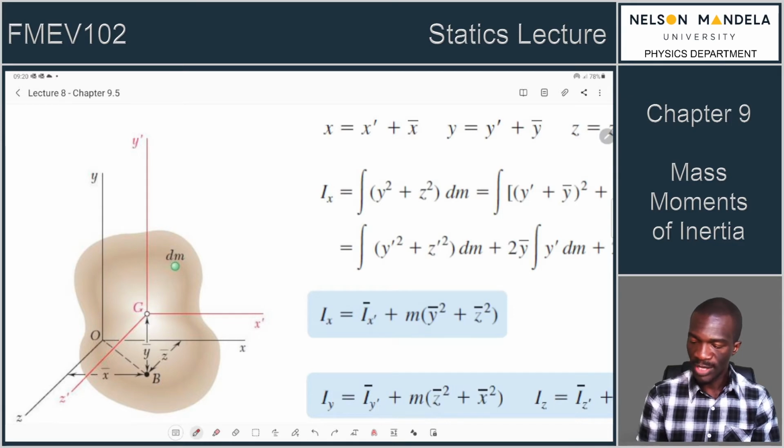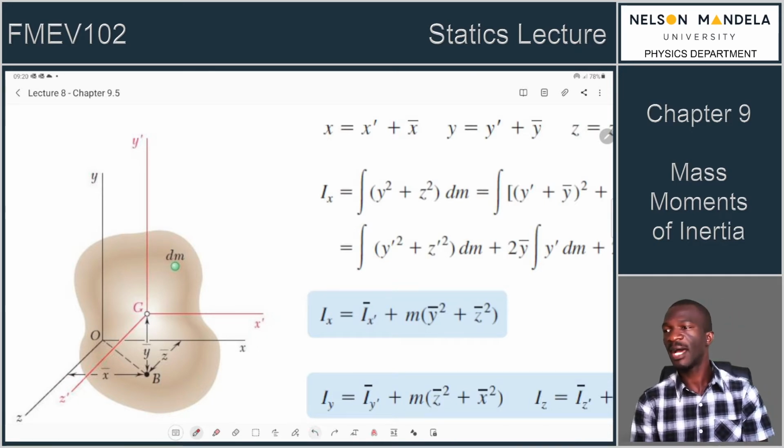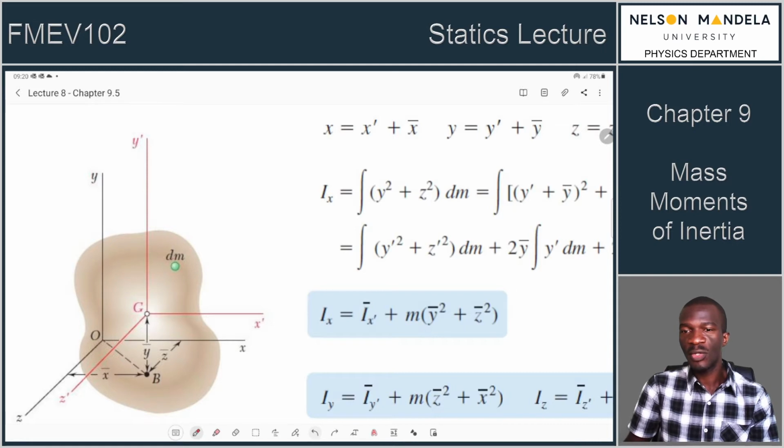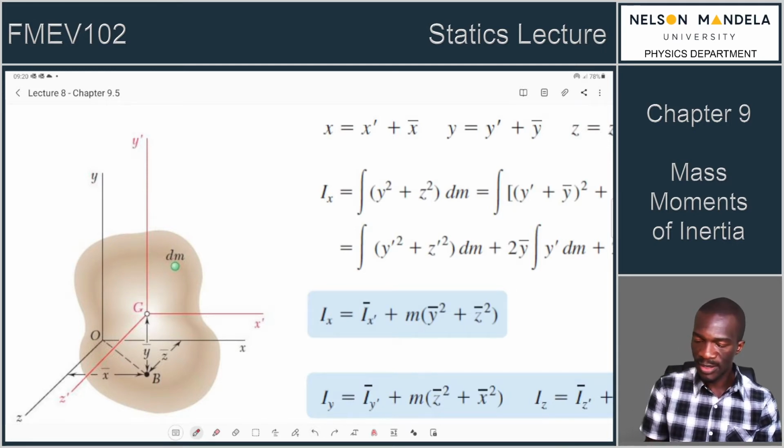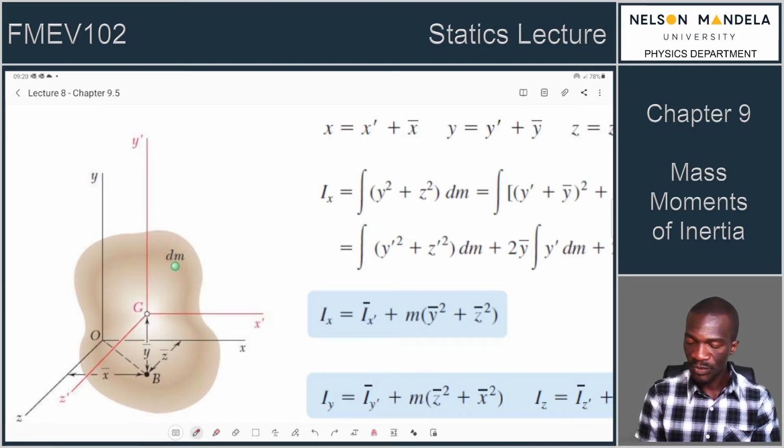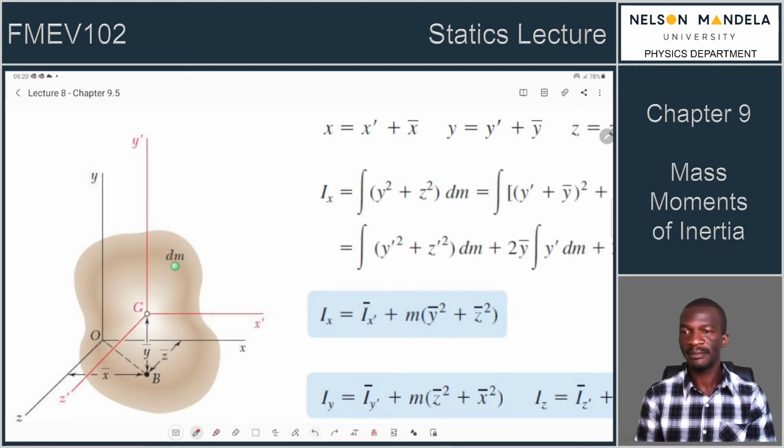So let's look at centroidal axes x prime, y prime, z prime. Those centroidal axes are a distance x bar from the z axis, a distance z bar from the x-axis, and a distance y bar from the xz plane.